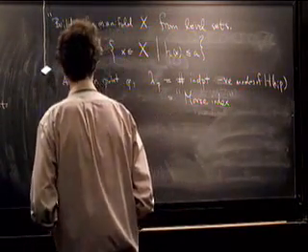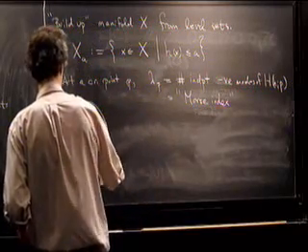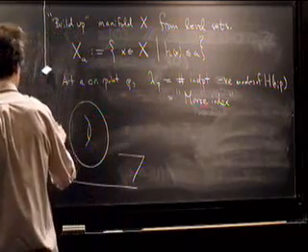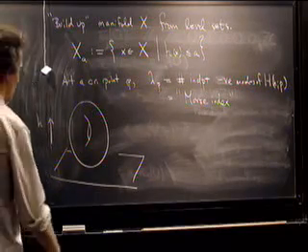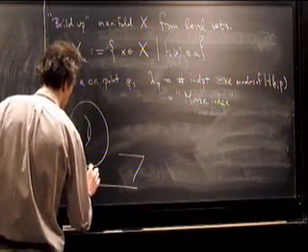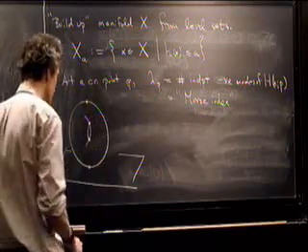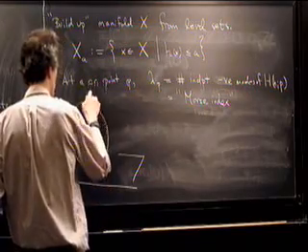Okay, so everybody's favorite example is to take a torus and put it on a table, and then let h be the height function. So you see there are then four critical points. P1 here, P2 here, P3 here, and P4 here.